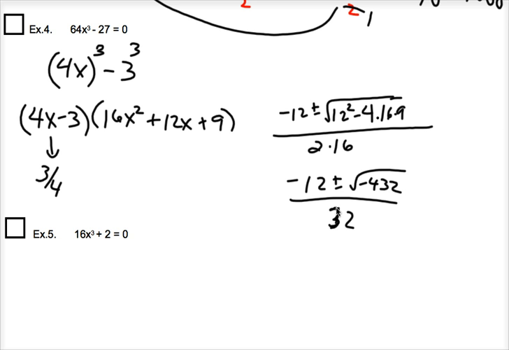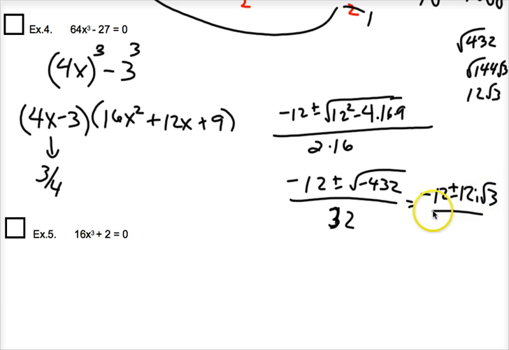Got to simplify the negative 432. Well, I know that 144 goes in there 3 times. If I was going to break down the square root of 432, it would be 144 times root 3. So that's 12 root 3. So this turns into negative 12 plus or minus 12i root 3. I didn't have the negative up here, so you got an i.